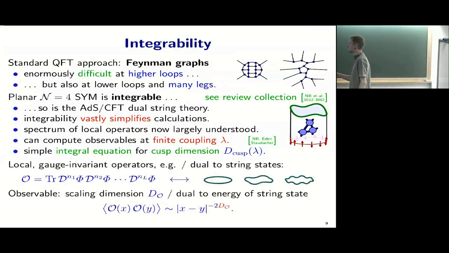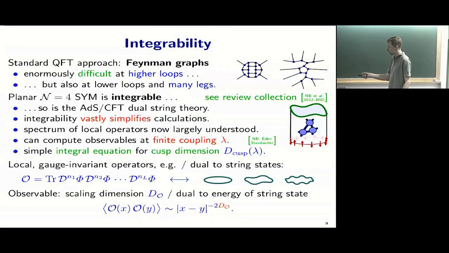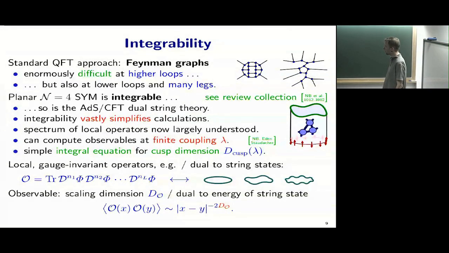So there is an AdS/CFT dictionary for what these local operators correspond to. When you have a local operator, you would take a couple of fields, perhaps with derivatives acting on them, all N by N matrices. So you take a product and take a trace, and such an object should correspond in the string theory to a state of strings. These states could have various excitation modes or just the vacuum.